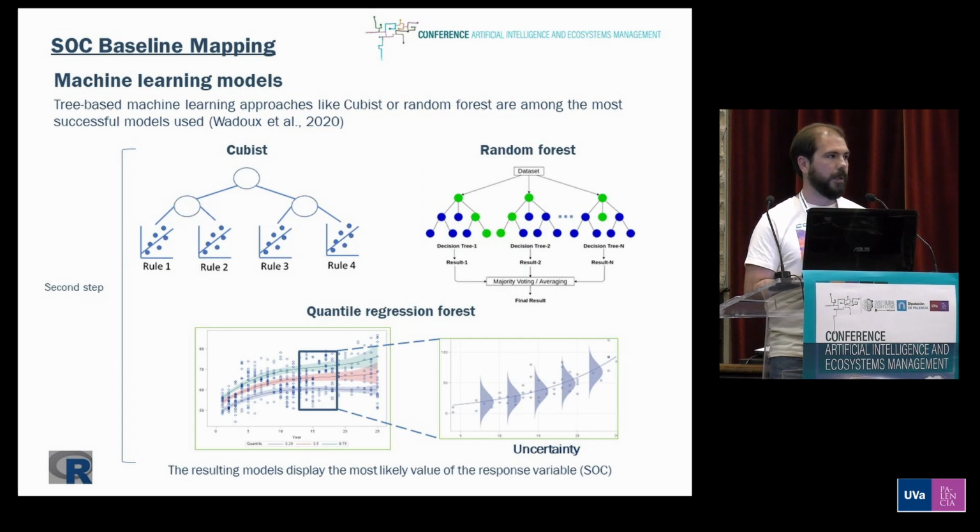For the second step of the methodology, we will use machine learning models, like Cubist and random forest. We will also use quantile regression forests, and the idea is that the resulting models that we will display show the most likely value of the response variable, the soil organic carbon.